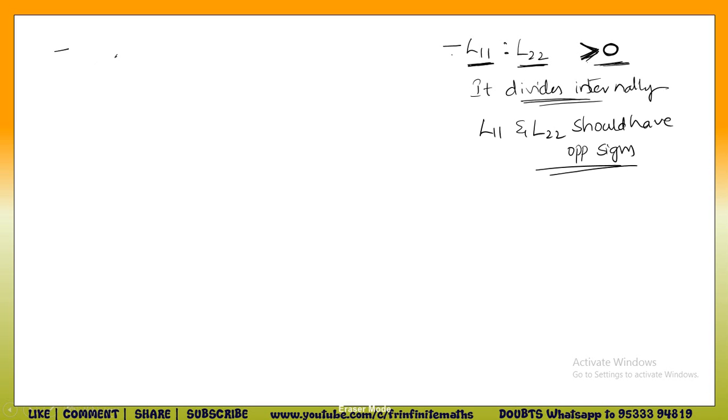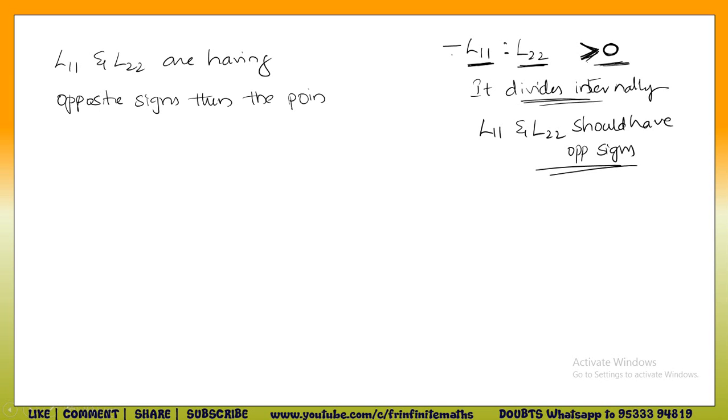Now I am writing here the simple wording. If L11 and L22 are having opposite signs, then the points lie on either side of L. Then automatically the other condition also you can represent here, right?